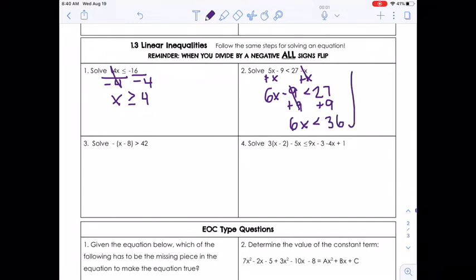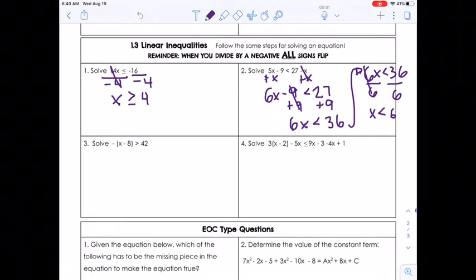I'm going to kind of move up here. All right. I am not dividing by a negative, so I'm going to keep my inequality the same way and get my answer.